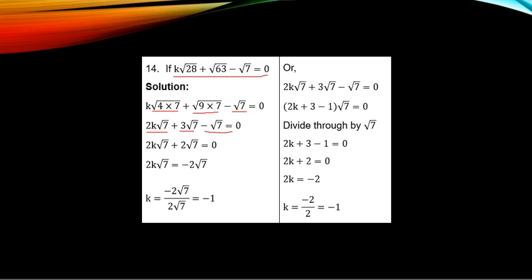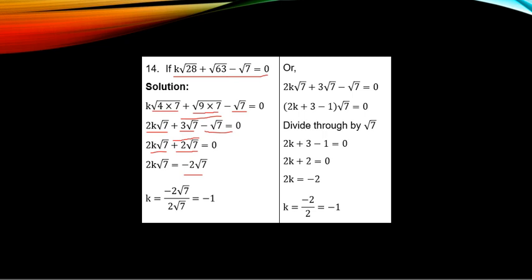You can add these two together, but you cannot add to k. So 2k root 7 will stand alone. If you add 3 root 7 minus root 7, you have 2 root 7. If you collect like terms, you have 2k root 7. You transfer this term without k to the right, it becomes negative.